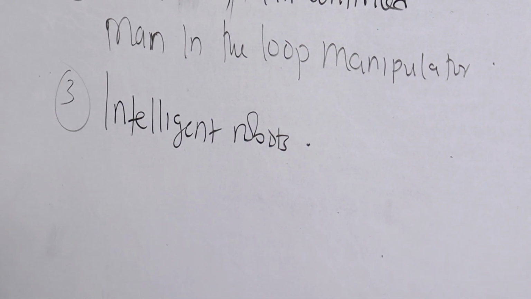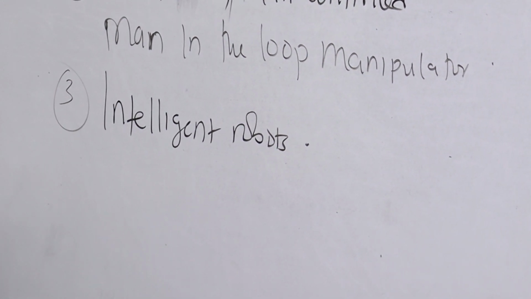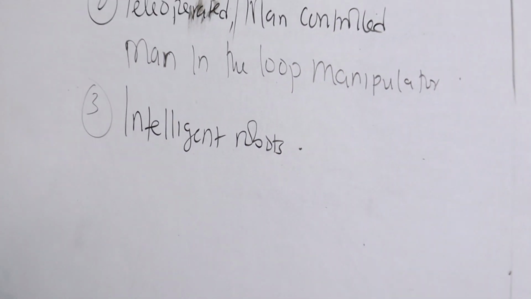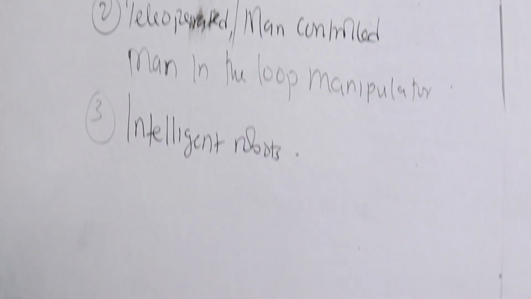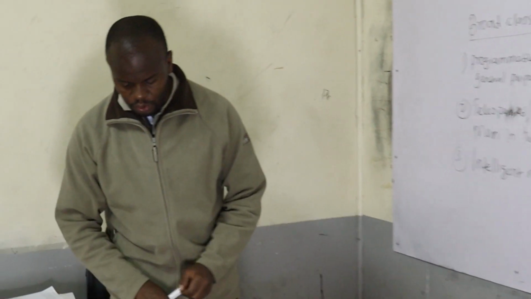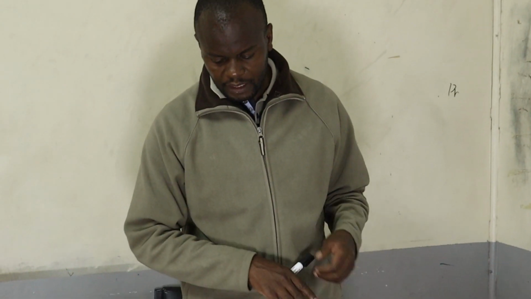They are usually used in an environment that can be explorative, and they can also be in a position to evaluate how to carry out a given task. So they can always match the actions to their sensory inputs, and these robots are very, very advanced.